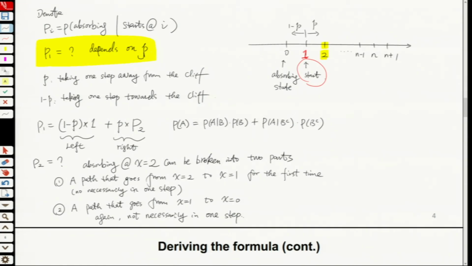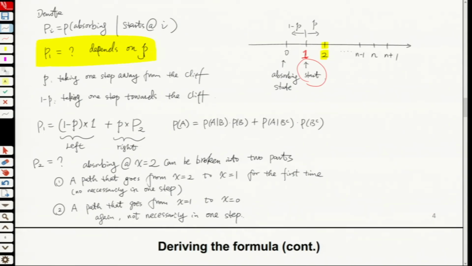And if we start, it goes from 2 to 1 for the first time, and you can go from here and then come here, right? Okay? And it's like 1 is absorbing. If you go from here for the first time, you get absorbed. And if you go here, here, here, and then you get absorbed, that's still for the first time. Why do we add for the first time? Because we are treating 1 as the absorbing state.